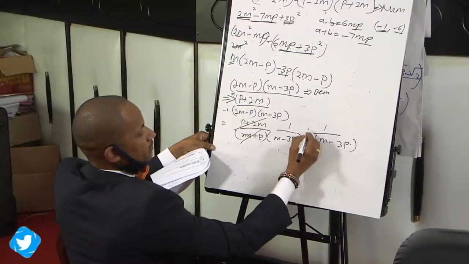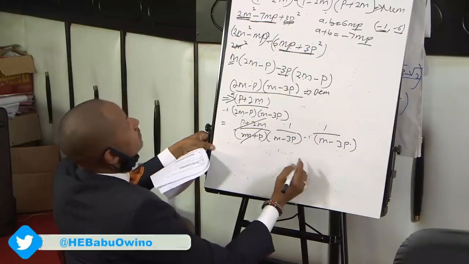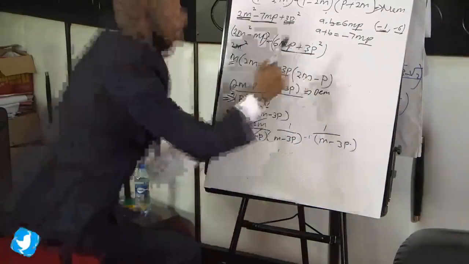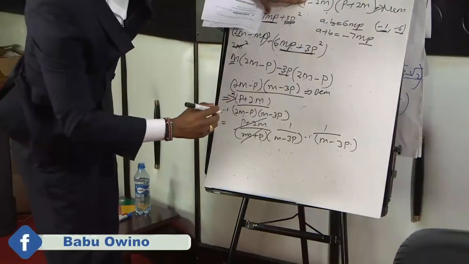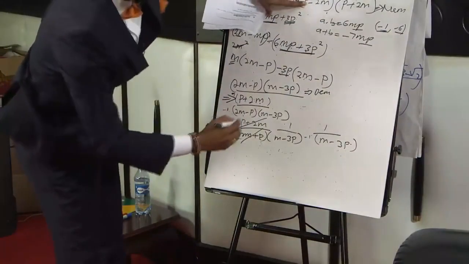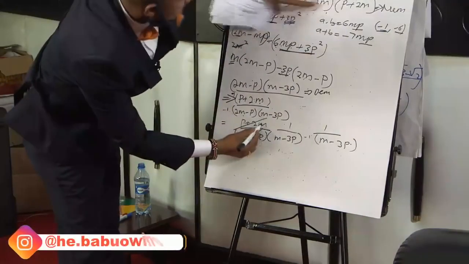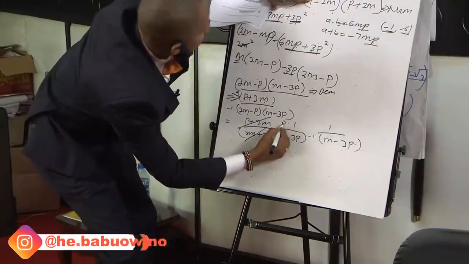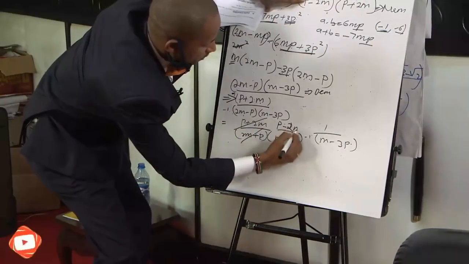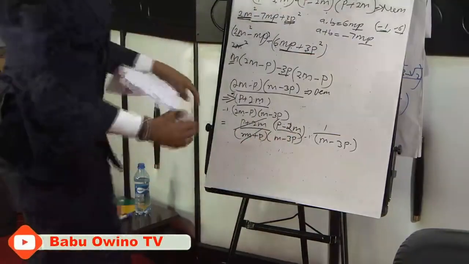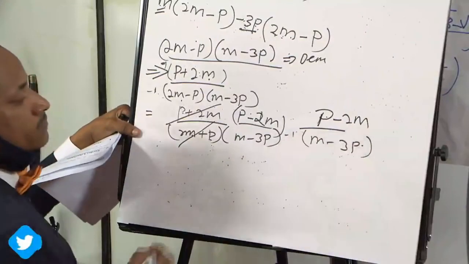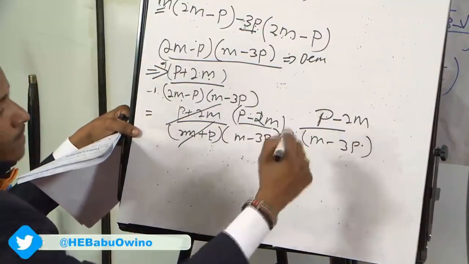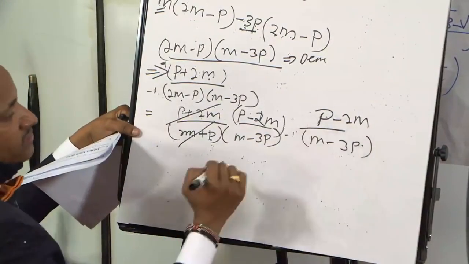Then remember, we have minus here. This was a difference of 2 squares, sorry. That is why I was not seeing it coming out. So this is also p plus 2m, and then this is p minus 2m. Remember, we still have a negative.